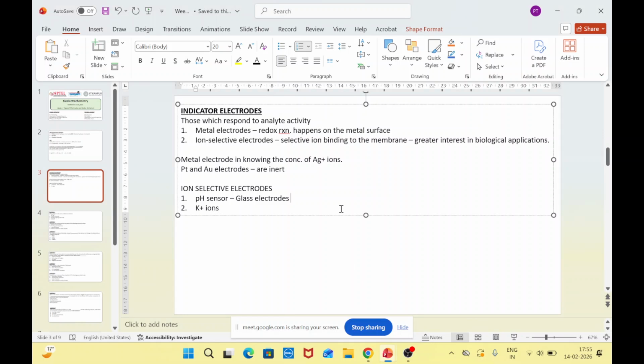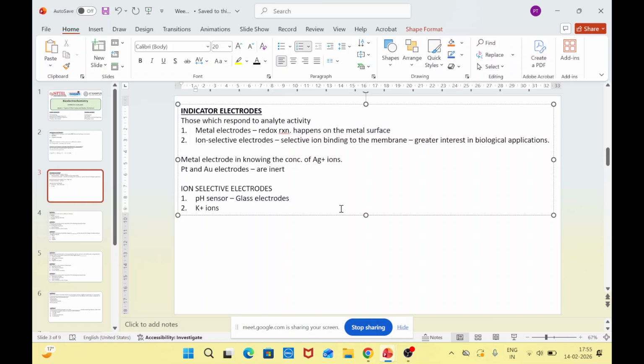So in case of the pH sensor, we typically use glass electrodes. What is the primary concept behind using glass electrodes for measuring the pH of a system?